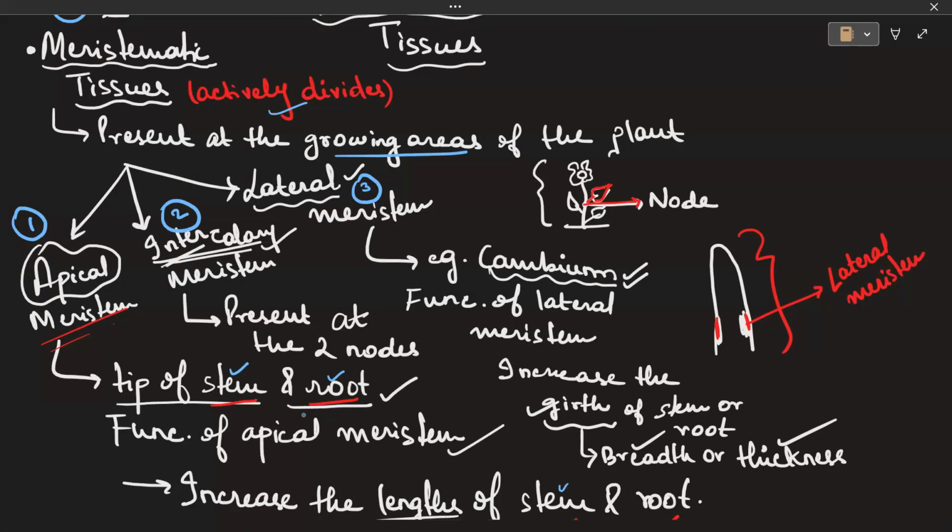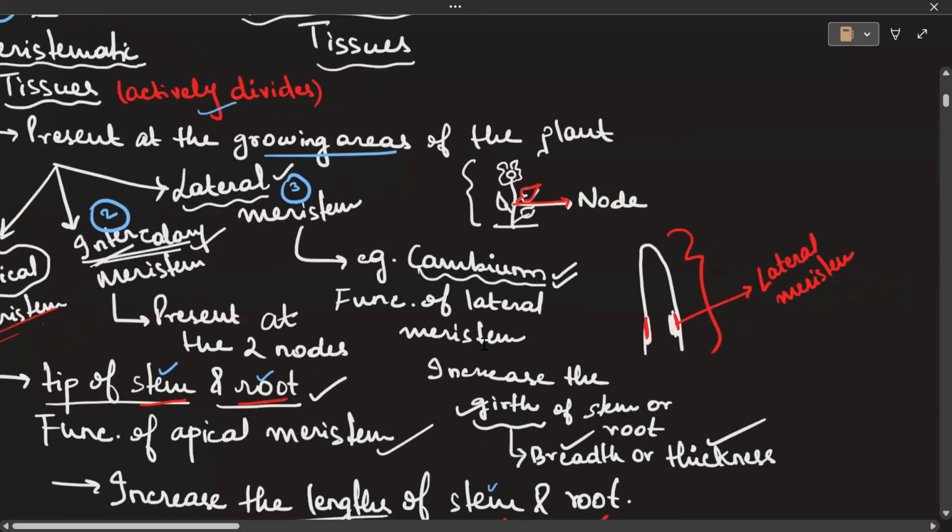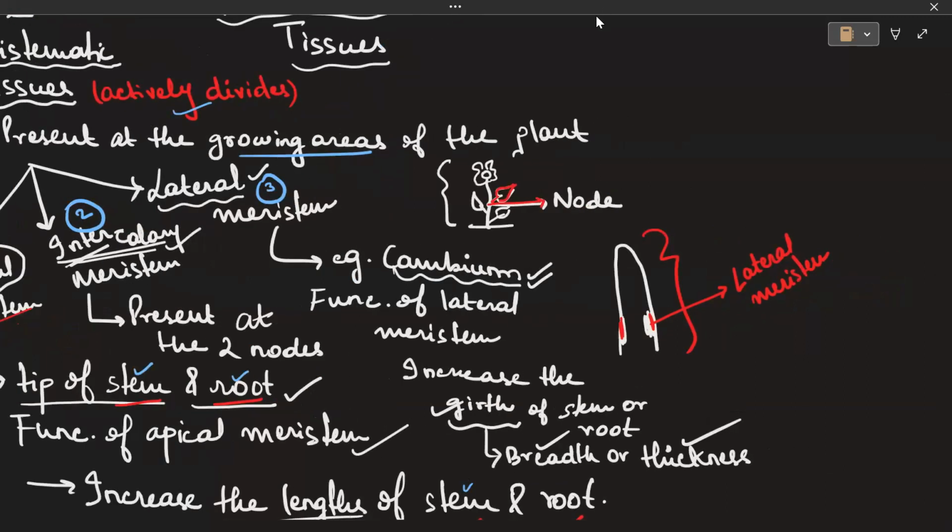The intercalary meristem is present at the two nodes. And what is a node? A node is that point of the plant from which the leaves arise. So the intercalary meristem is present at the two nodes. Now, coming to the third and last type of meristematic tissue, that is the lateral meristem.